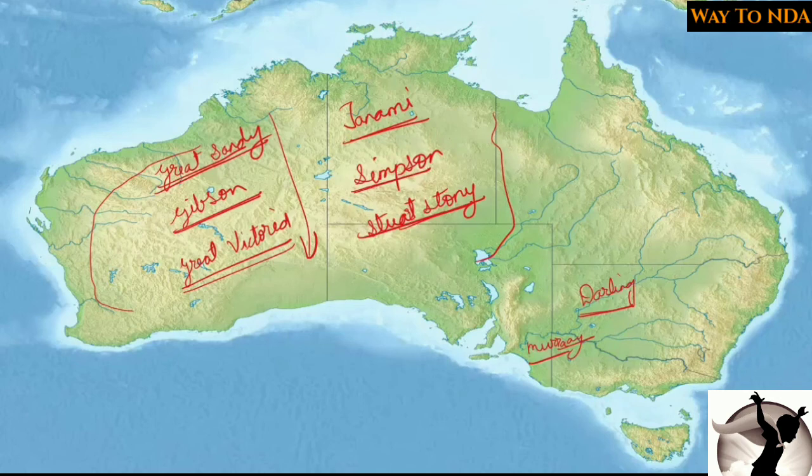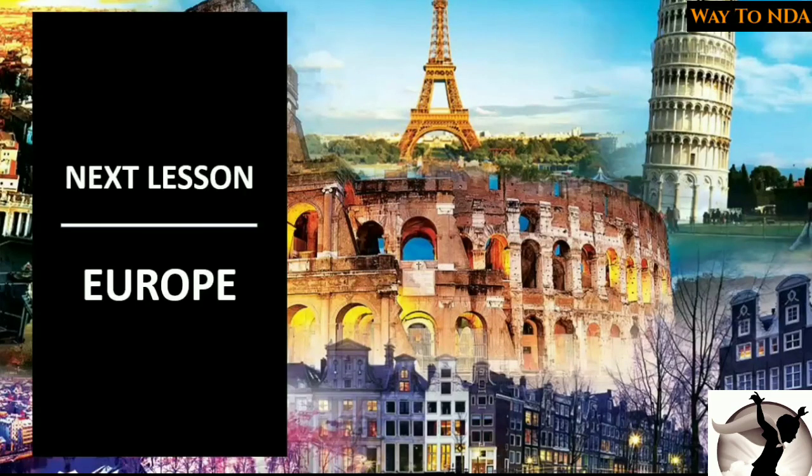So the 6 deserts are very important in Australia. You should remember the names of the deserts in Australia. Okay, and here on the eastern coast, this is the Great Barrier Reef, the coral structure, which is very important. This is the largest barrier reef in the world. So that's all about the Australian continent. In our next lesson, we will study about Europe.